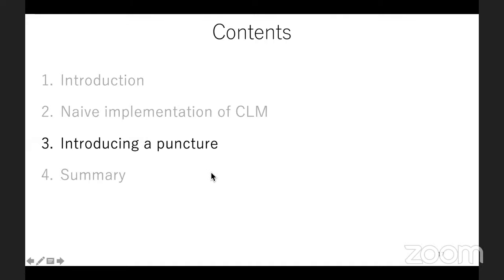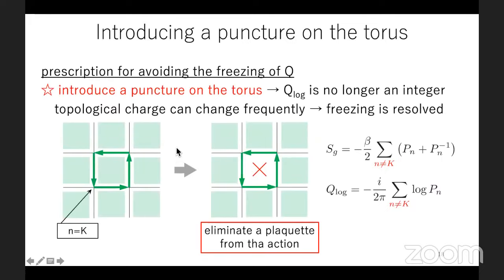So I will explain the modification of the model. Actually, we introduce a puncture. I will explain how it works. This is a prescription for avoiding the freezing. By introducing a puncture on the torus, Q is no longer an integer, because this is some kind of modification of the boundary condition.